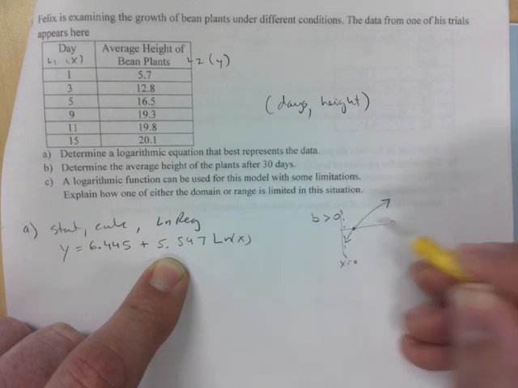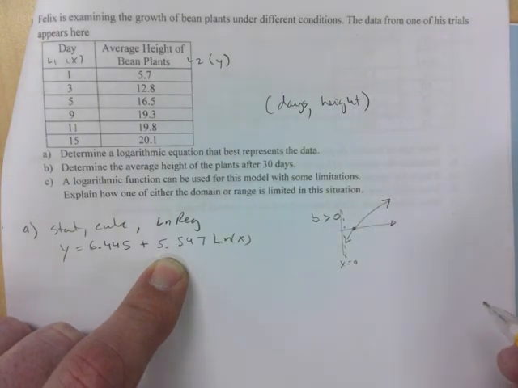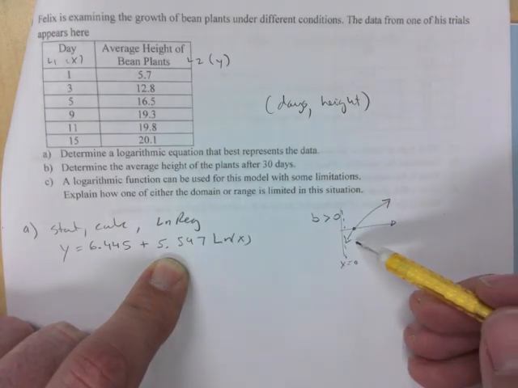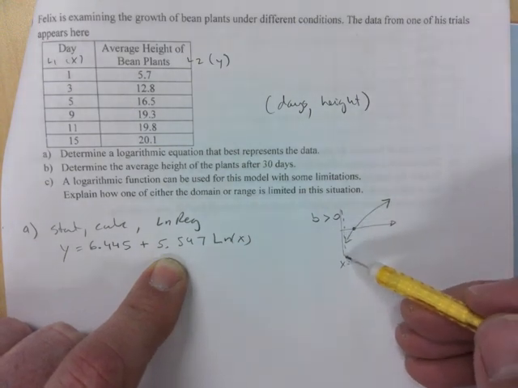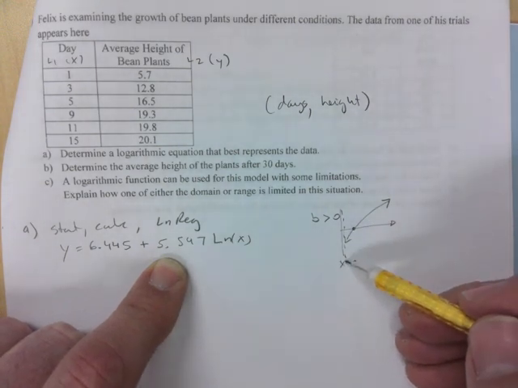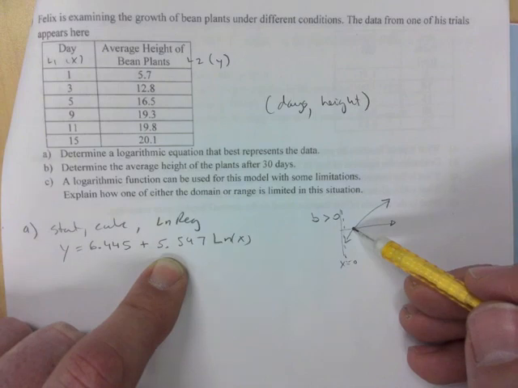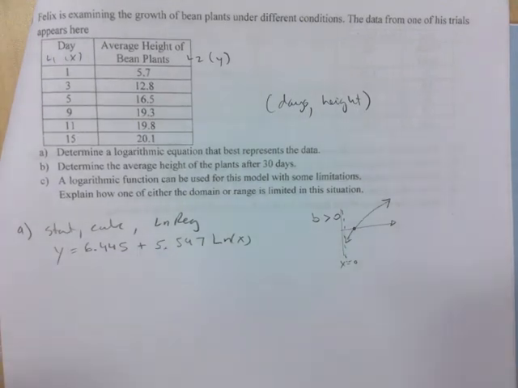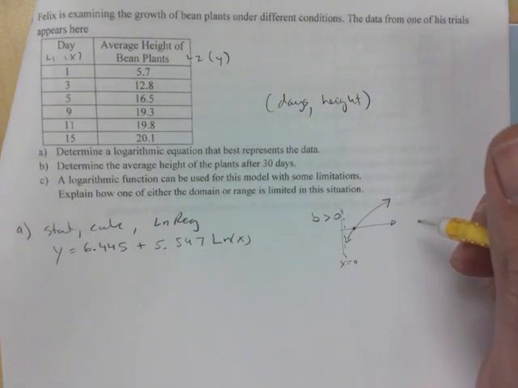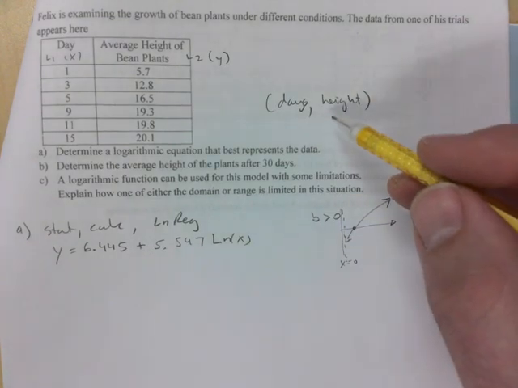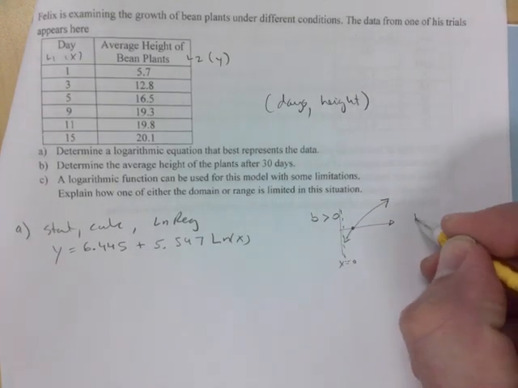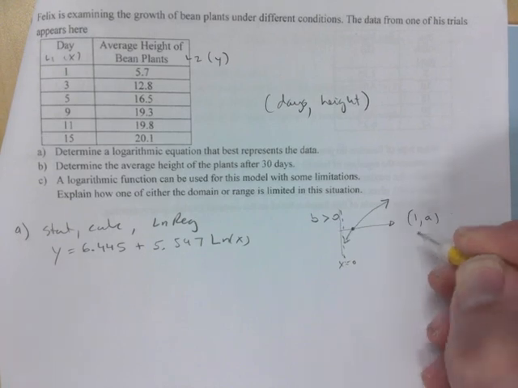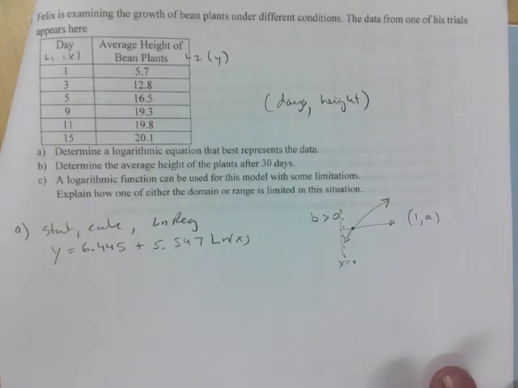And so there will be an x-intercept in this case, which you want to include. We don't want negative values in this case because it's the height. I mean, it could represent the height underground, as you're planting the seed. So just read carefully and answer accordingly. This one will also have the point (1, a) usually on here.